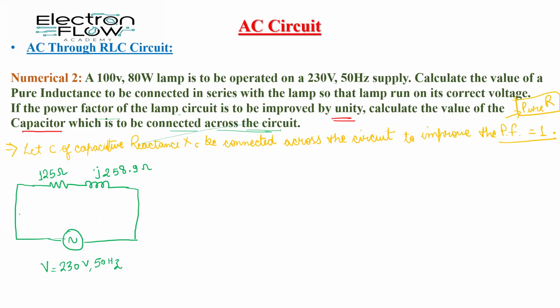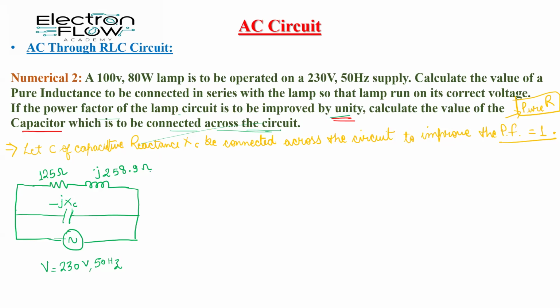Across the circuit means in parallel with the RL combination. So if I connect the capacitor like this, I have to calculate the value of capacitance in order to improve the power factor to unity.